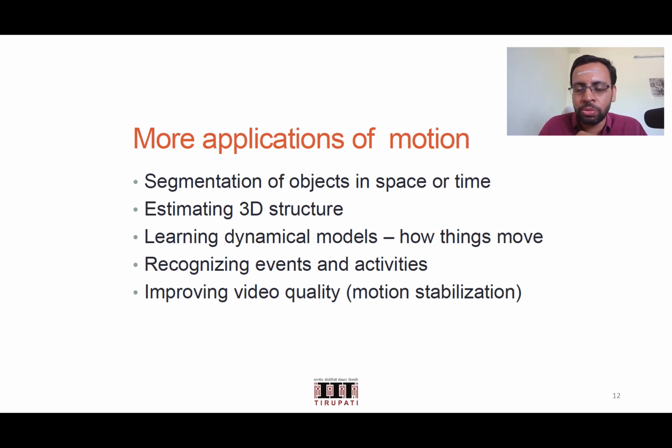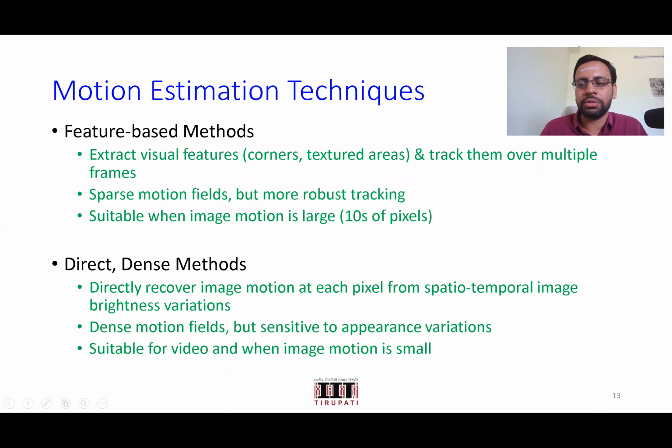Since you would be capturing a sequence of images and constructing the image from that, you need to estimate the motion that has happened and compensate for it in order to improve the video quality. So these are some applications that you could think of.